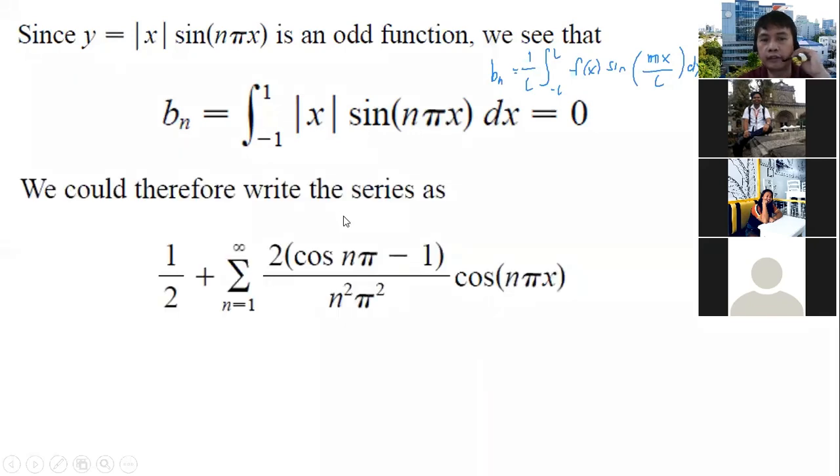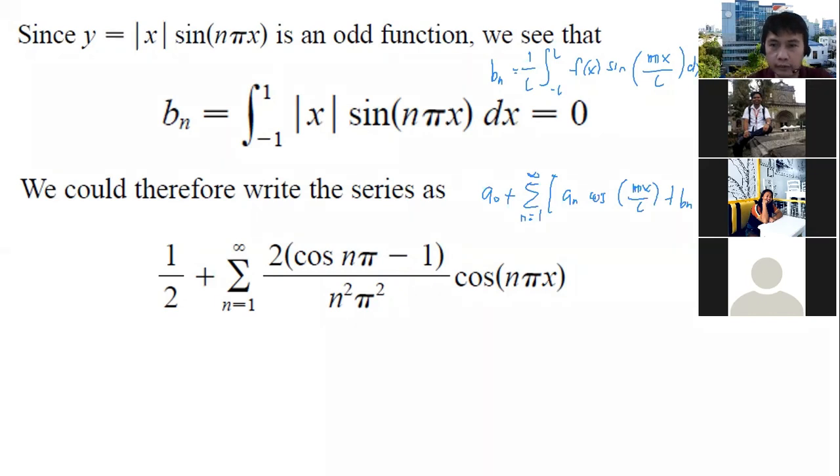Okay, so we could therefore write the given series in this form. Kasi, di ba, if we try to recall, yung Fourier series natin is in this form. A sub 0 plus the summation ng n equals 1 to infinity, a sub n cosine ng n pi x over L plus b sub n sine n pi x over L. Okay?